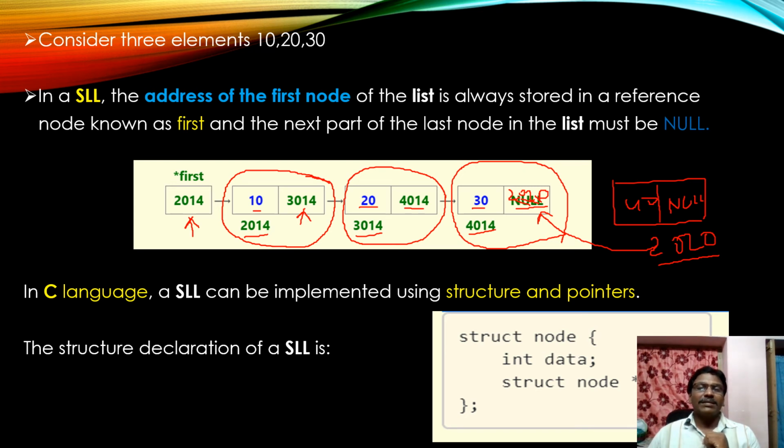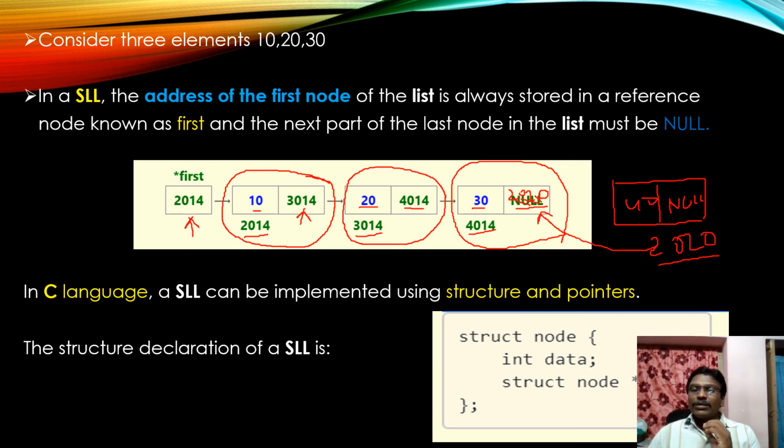In C language, a single linked list can be implemented using structures and pointers. The structure declaration of a single linked list: struct is a keyword, node is the structure name, int data is a member of struct node, and struct node pointer next is another member.